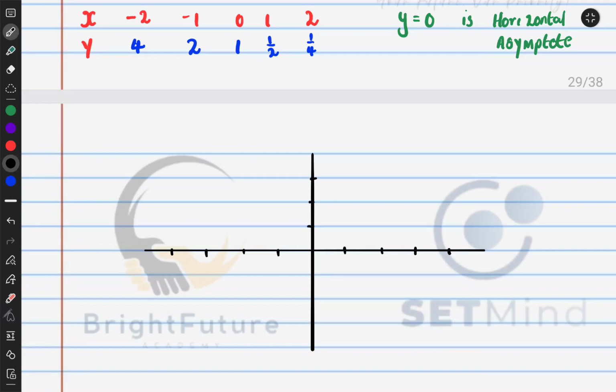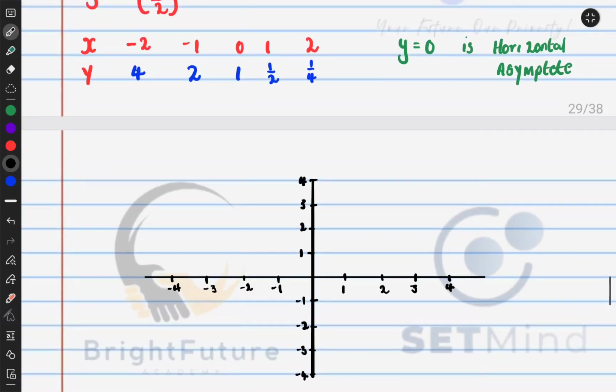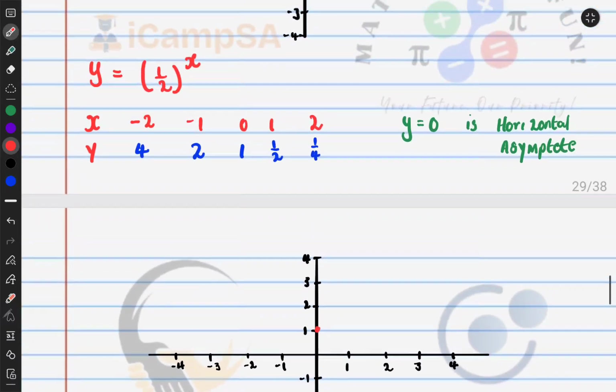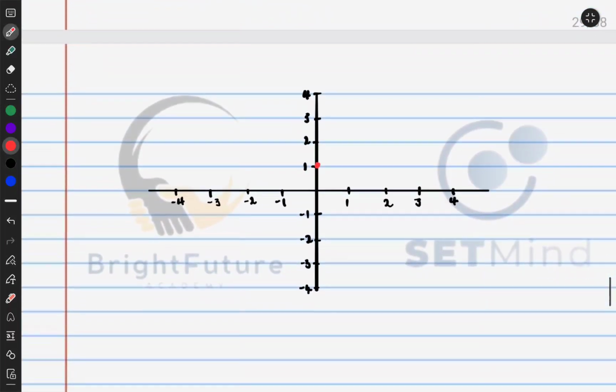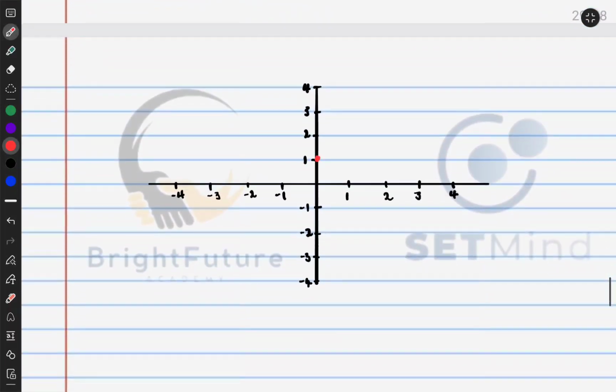We set up the axes, 1, 2, 3, 4 and -1, -2, -3, -4. What is the y-intercept? The y-intercept is 1. So they have the same y-intercept as the exponential function of y is equal to 2 to the power of x.